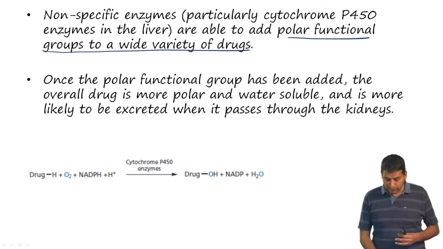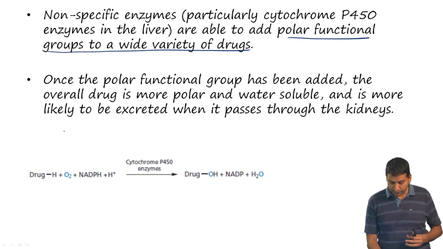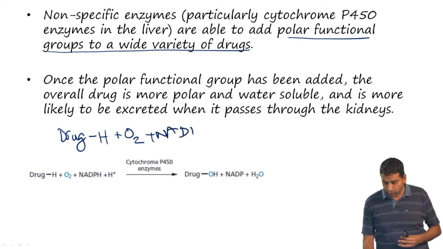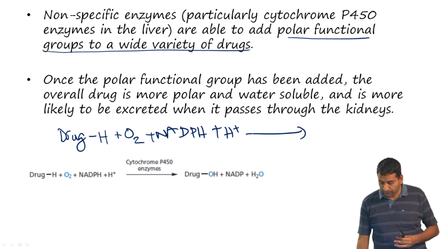Now let us look at the reaction that cytochrome P450 catalyzes. You have a drug, let us say with a hydrogen, and in the presence of oxygen, NADPH, which is a cofactor which we looked at earlier, and a source of proton.